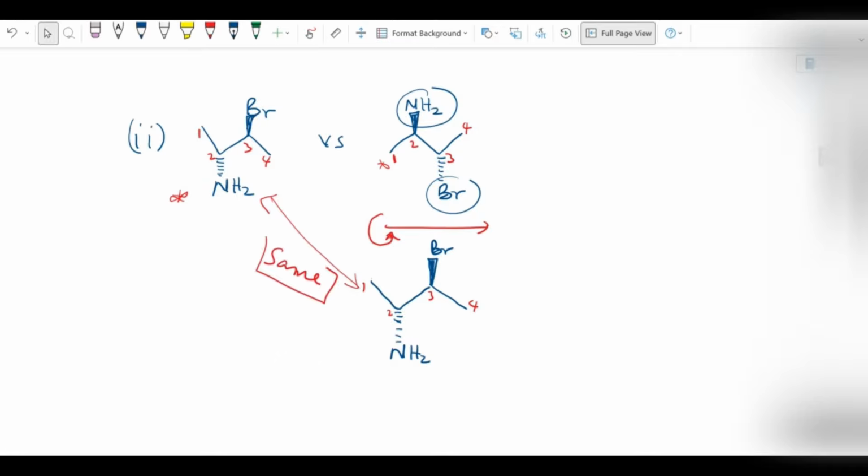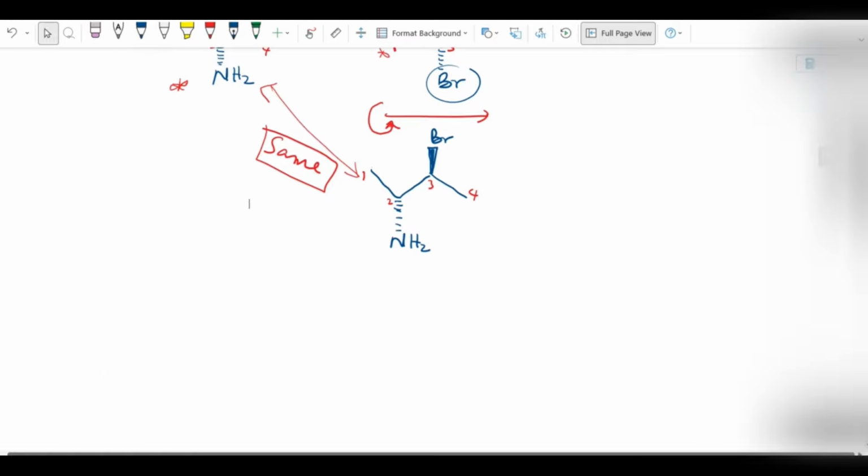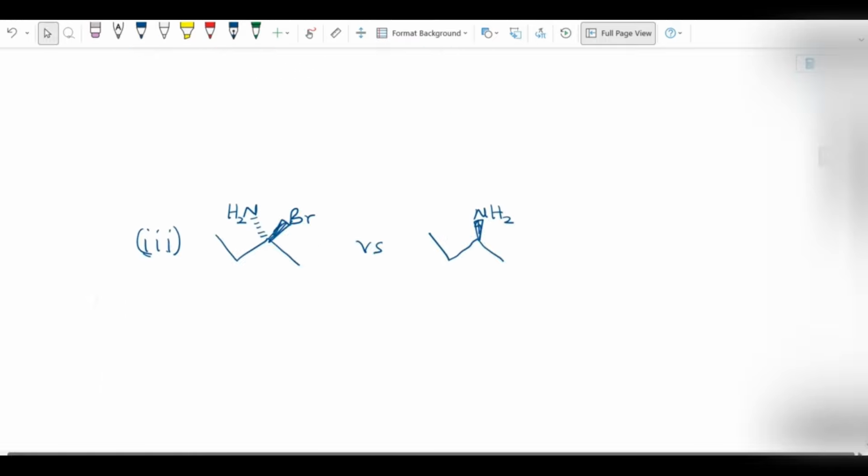So the relationship between these compounds is such that they are the same thing. But the key thing here is to know when and how to rotate or flip your molecule. Know when to flip and when to rotate, and which direction to do the flipping and rotations. So let's go to the next question.